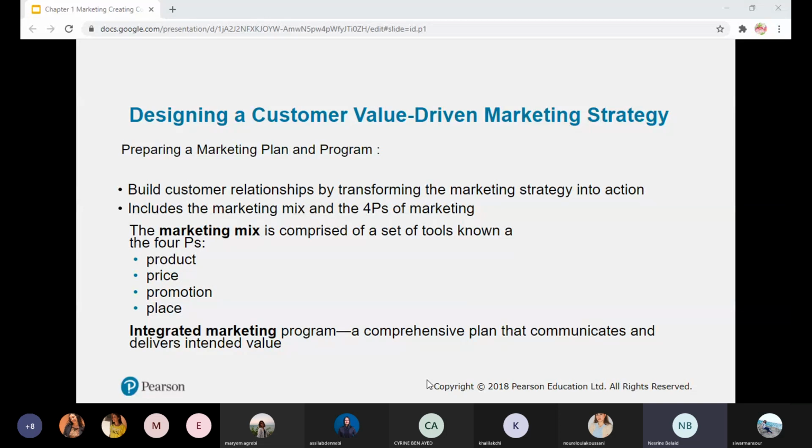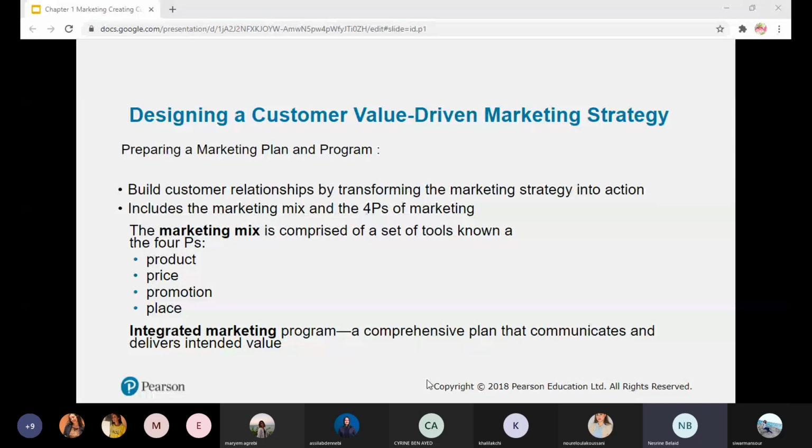And then how it will make the offering available to target consumers. How we will make this product or this offering available to the target consumers. Okay, that means the place. That means where we are going to sell our product.